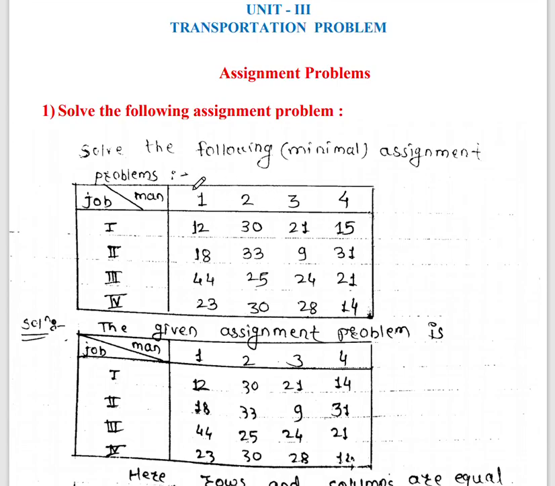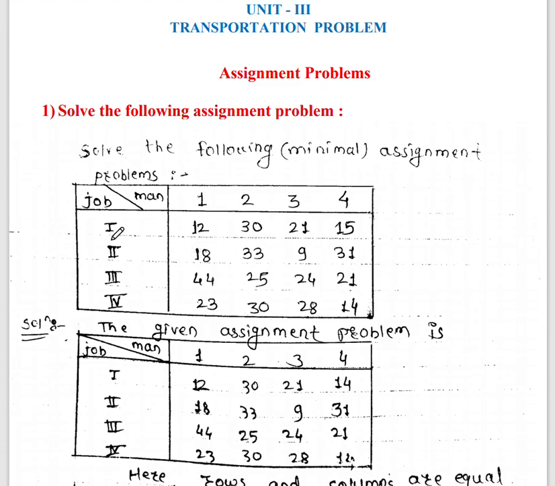which is given as: solve the following minimal assignment problem. There are 4 jobs, 1 2 3 4, and these are the groups of the men. ठीक आहे, या ठिकाणी 4 ग्रुप दिलेले आहे जॉबचे आणि 4 ग्रुप्स दिलेले आहे पर्सनचे.